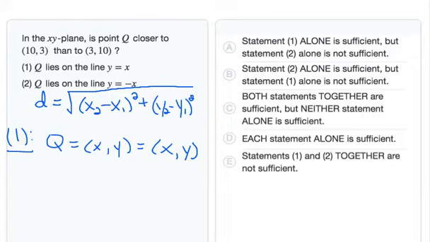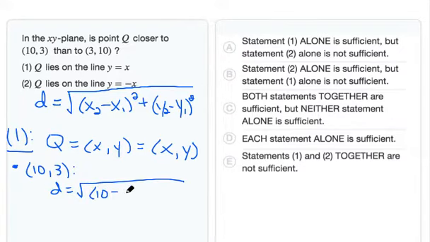Now, finding the distance between each of the given points and Q, for the first point, 10, 3, our distance will equal the square root of 10 minus x squared plus 3 minus x squared. We'll make sure to cover that since it's all under the square root.